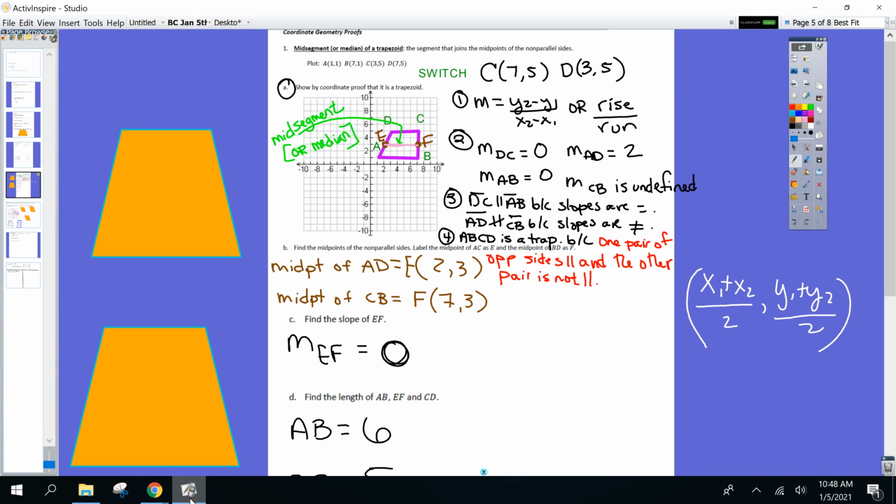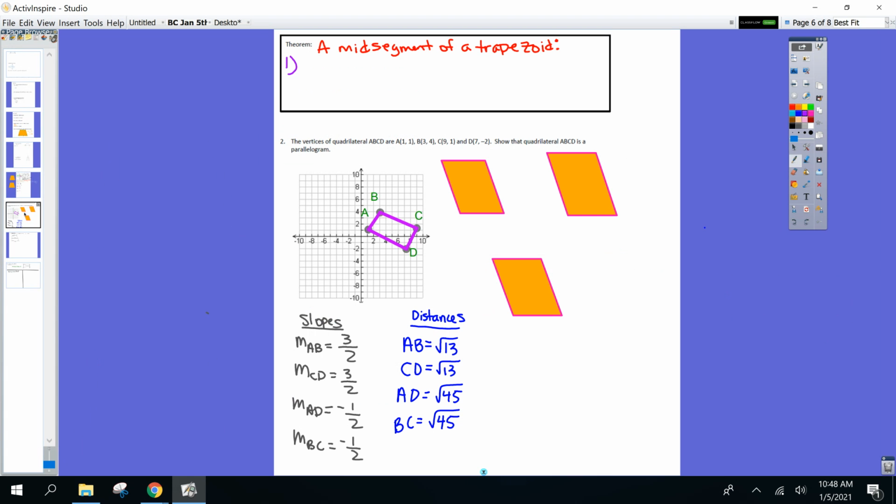And didn't we also, in the proof, find that DC and AB were also a slope of 0? Yeah. So what do I know about DC, AB, and EF if they all have the same slopes? They're parallel to each other. Great job. So there's theorem number 1: a midsegment is parallel to the bases, always.